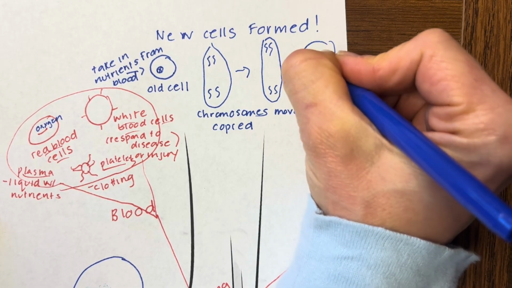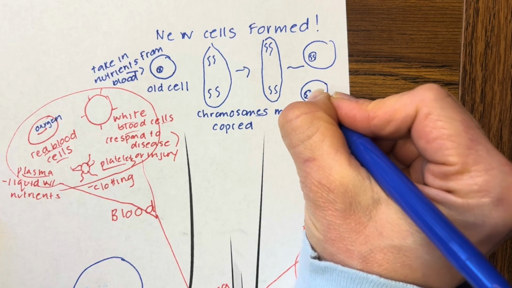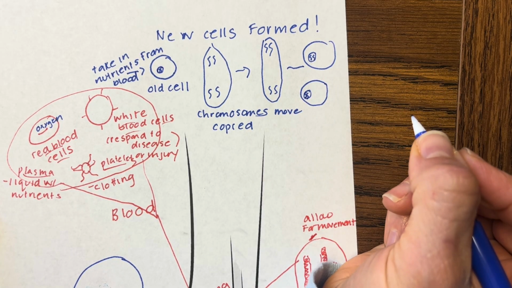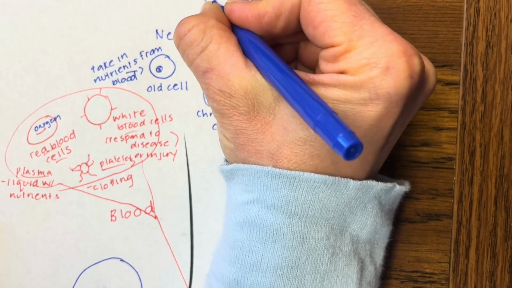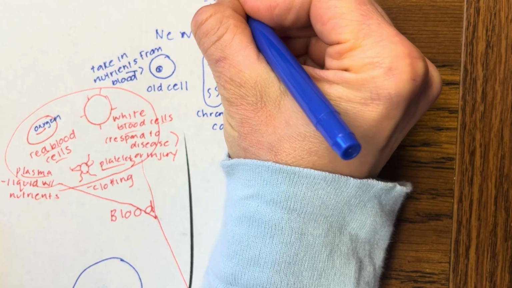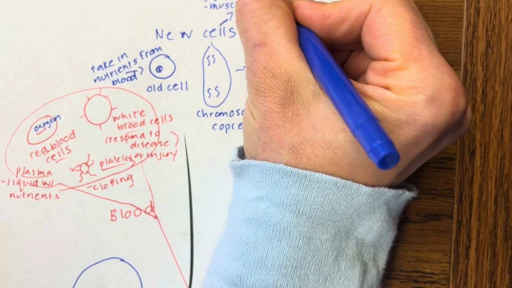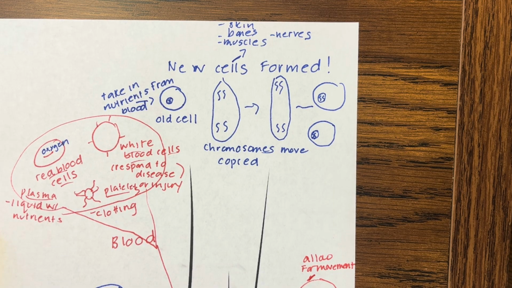And then it divides into two new cells, each with the same amount of information, same shape as the original cells. Now this happened with bones, with muscles, with skin, and nerves. It took time, it took nutrients from the body, but over time, with the support of some medical intervention, like we read about in the studies, there would be new cells forming that fill in the gap.